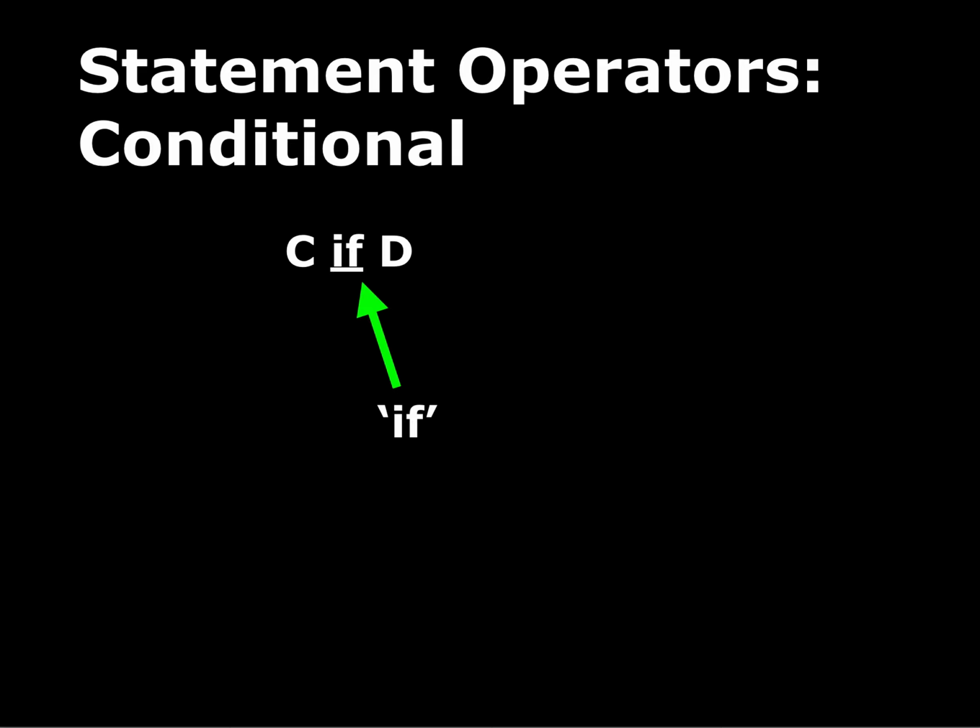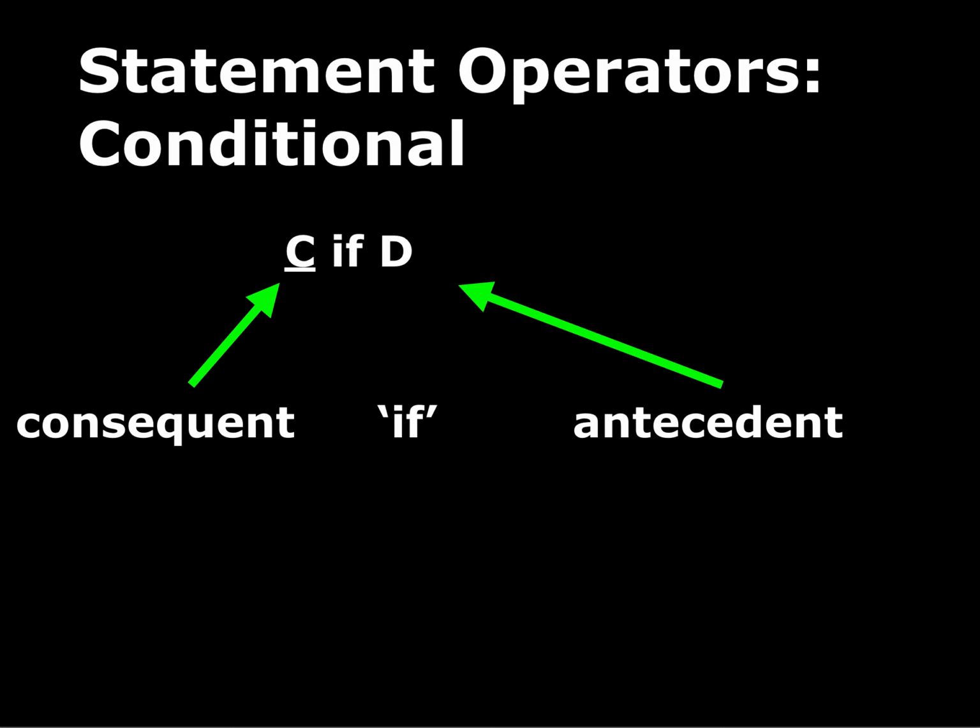Find the if and see if the word only is right next to it. Here it's not. It's still just if by itself. So we follow the same rule. The component following the if is the antecedent. What follows the if? D does. So D is the antecedent here. The other component is the consequent. So here C is the consequent.